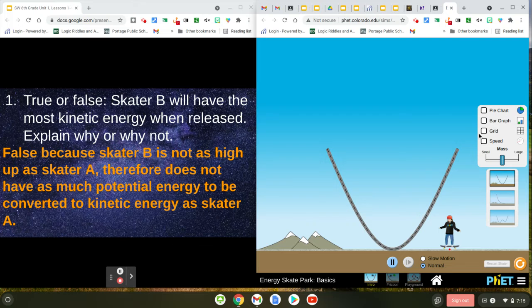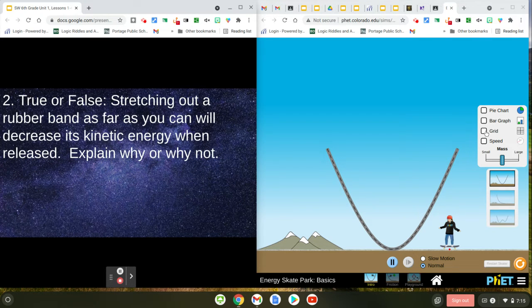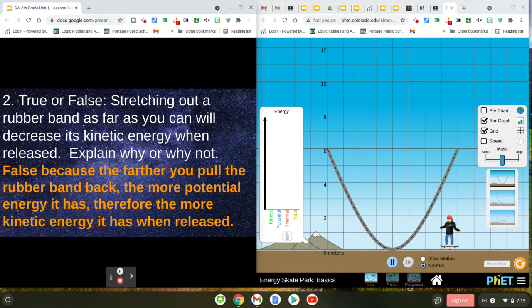Okay, let's take a look at number two, true or false. Stretching out a rubber band as far as you can will decrease its kinetic energy when released. Explain why or why not. This one, again, is false because the farther you pull back a rubber band, the more potential energy it has.